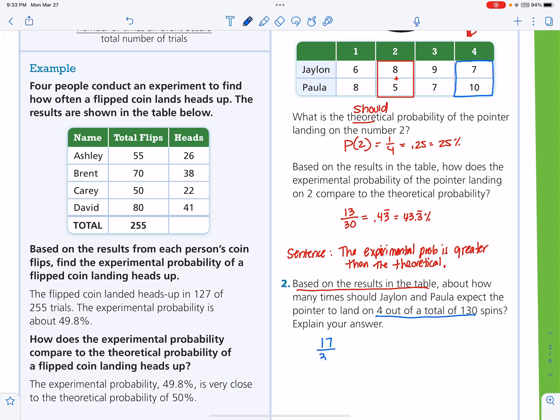Remember, the experimental is out of 30. And when we want to predict a larger amount, predicting means probability makes a proportion. So set it equal to what you're trying to check out. And so we want it to be out of 130 instead. And we're going to solve for x.